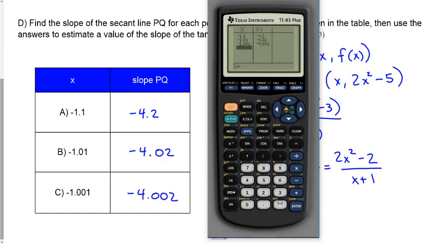I could even get closer still, but I think we're close enough to where we can draw a conclusion here in terms of a limit. Those slopes are going to approach negative 4. So that effectively is the slope of our tangent line, the value that these slopes are approaching.